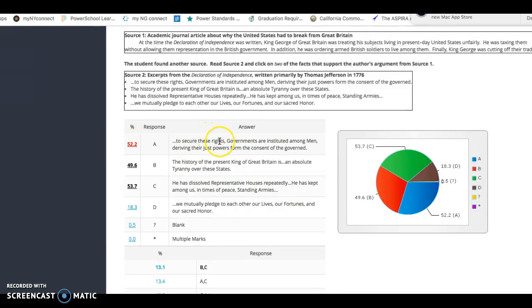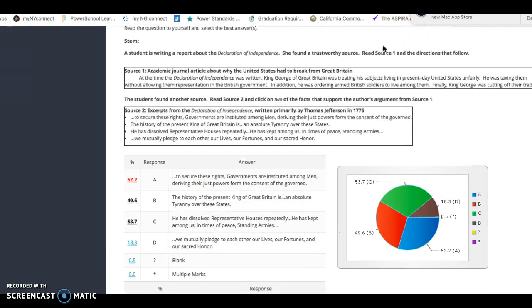To secure these rights, governments are instituted among men, deriving their just powers from the consent of the governed. Once again, what it has in common with option C is that it's easy to read and it reads right. Not necessarily that this would be evidence that proves the claim that's made in source one.